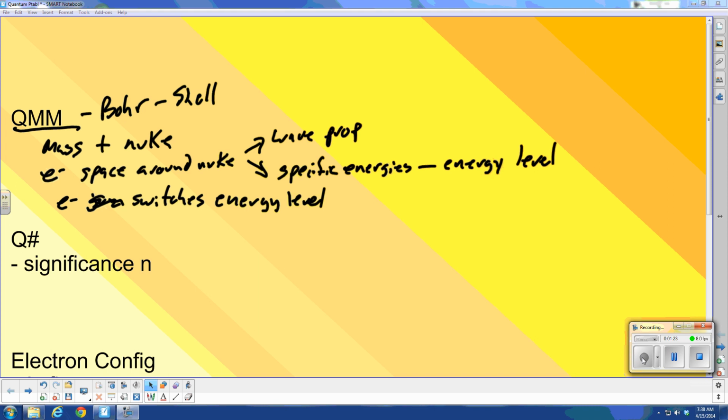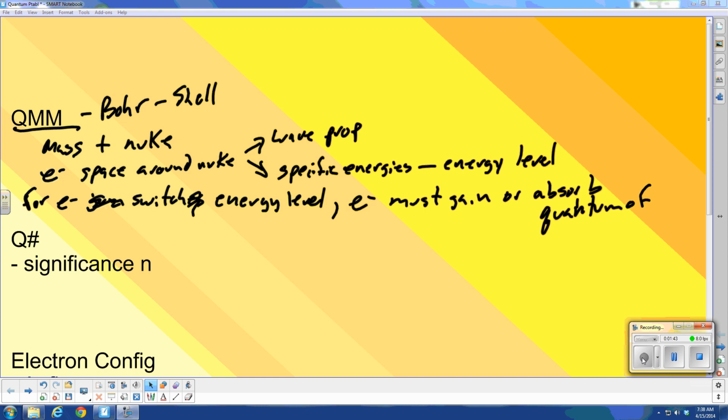For an electron to switch an energy level, the electron must gain or absorb a quantum of energy. And what does that mean? Well, it's just not any amount of energy, there's a certain packet of energy, and it must have the right energy for the electron to absorb it.